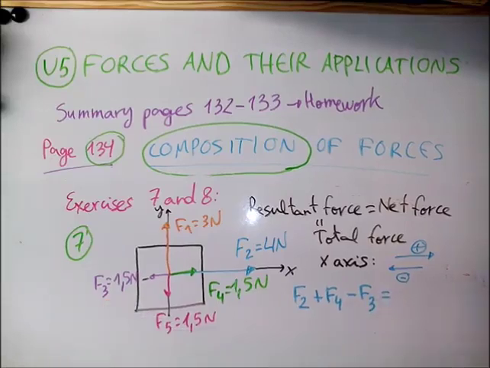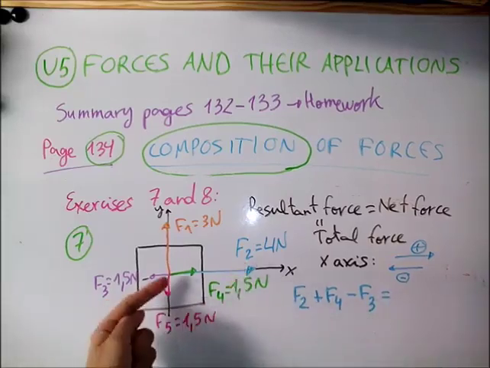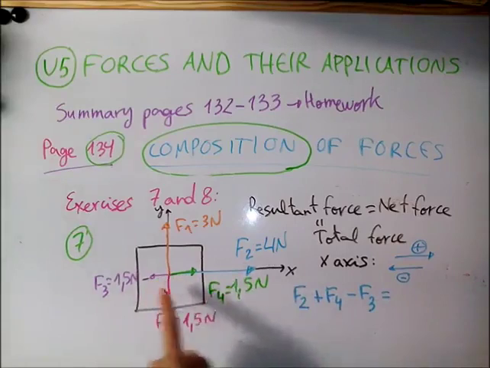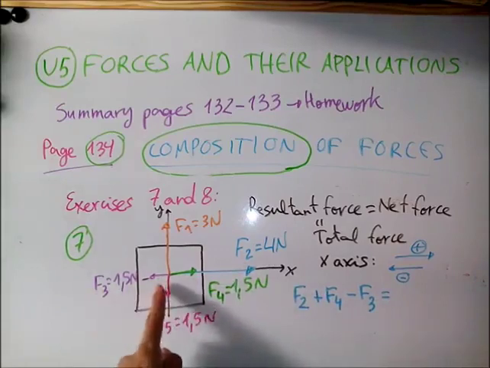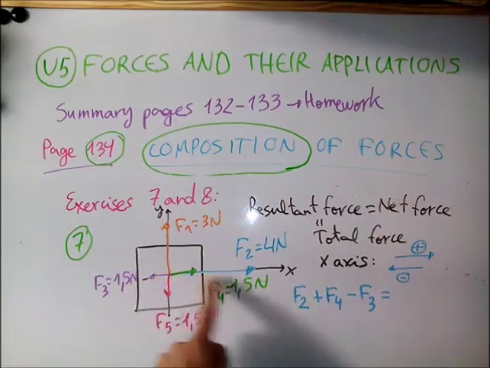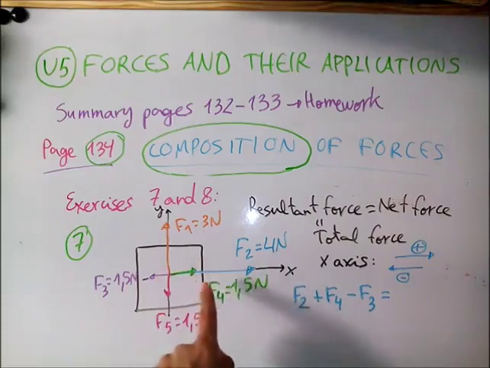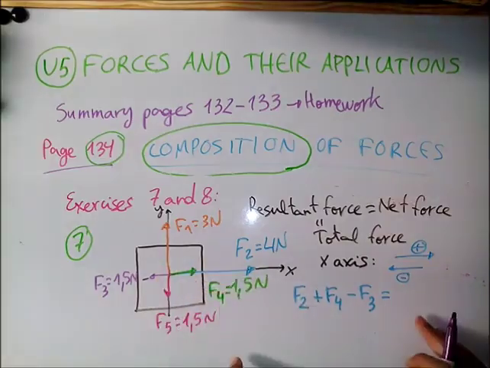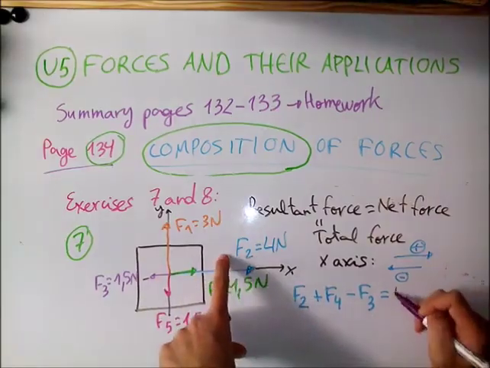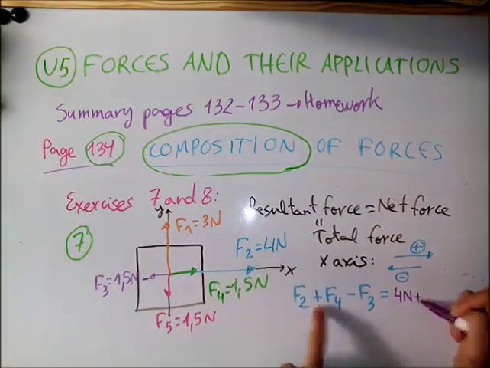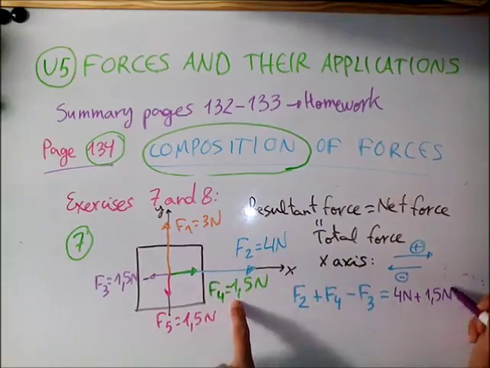Can you see this? Because F2 and F4 are both going to the right, but F3 is going to the left. So it means that F3 goes against these two forces, okay? So we're going to replace our data: force number 2 is 4 Newton plus 1.5 Newton, okay?